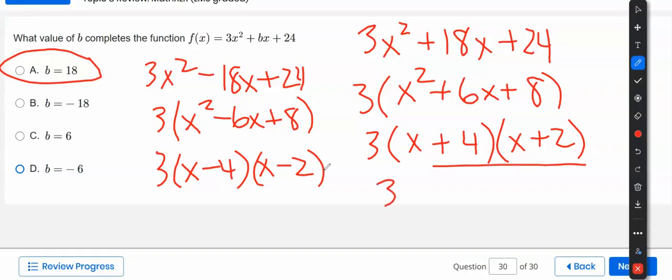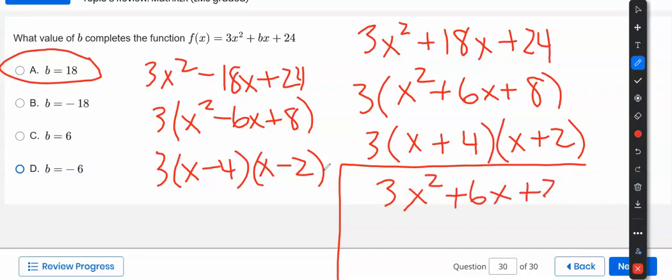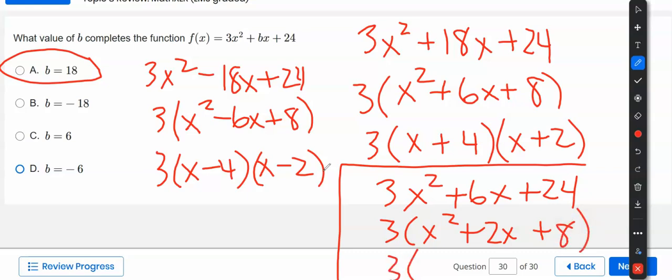And if we had 3x squared plus 6x plus 24, and took a 3 out, that'd be x squared plus 2x plus 8. That one does not work because you can't find factors of 8 that add up to 2. And I bet if we make that a negative, you couldn't do the other one either, so I'm going to say that those two are out.